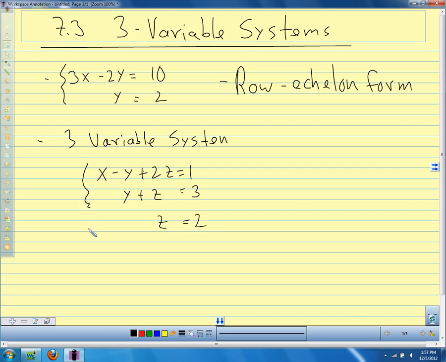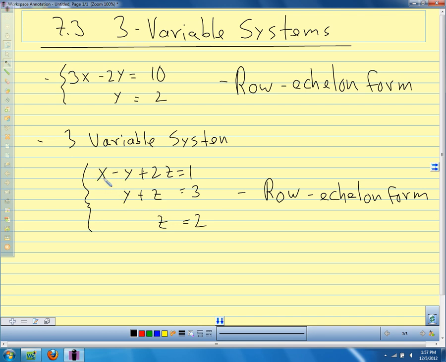So for a three variable system, this would be our system in row echelon form.